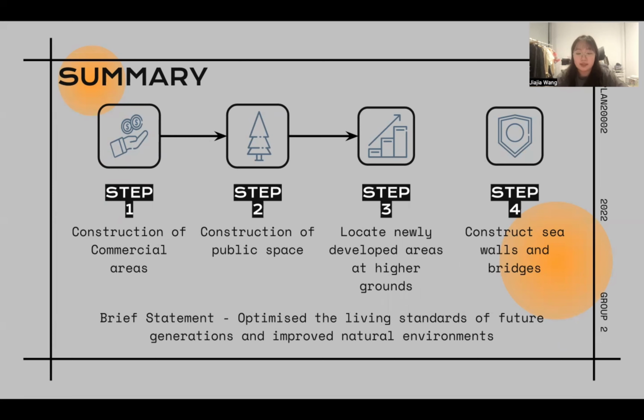After completing these two processes, we anticipate a significant improvement in the economy and the opportunity to build higher grounds upon the foundation created by the previous stage. And the final stage is to build sea walls and a bridge to increase the island's accessibility. And we hope our group design meets the brief statement.